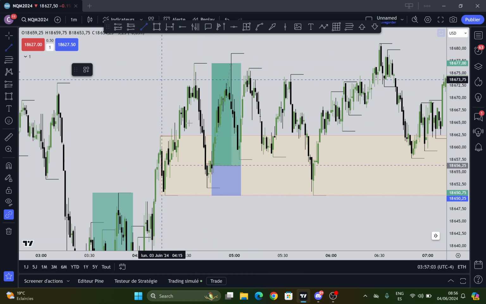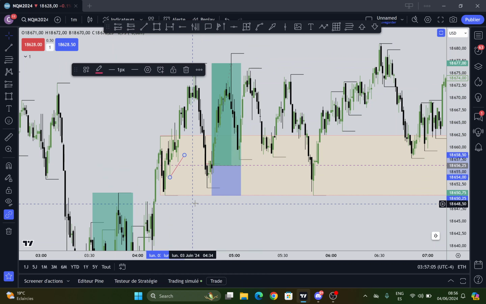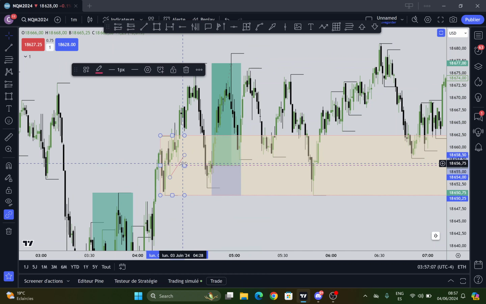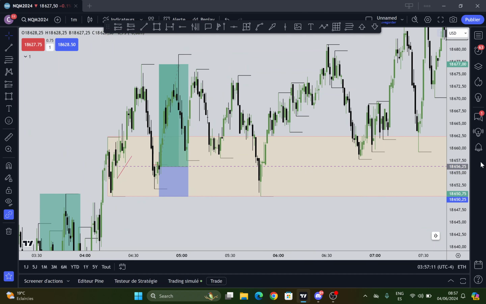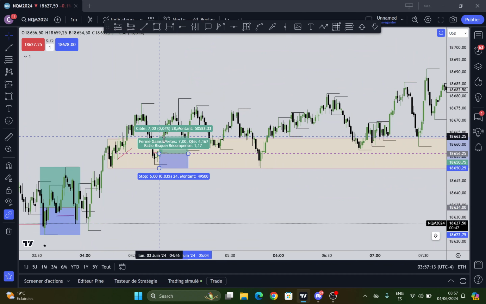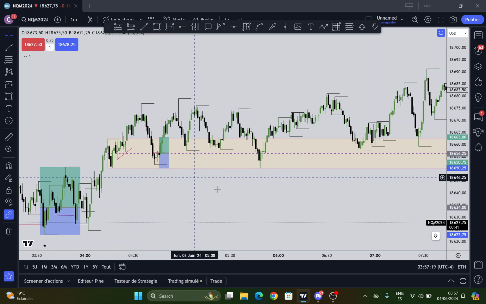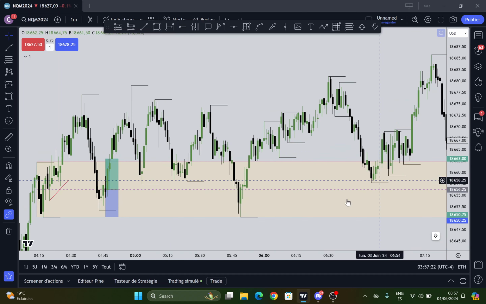We also had this liquidity swept, so this was a perfect setup, right? Or you can at least go for a 1-to-1 as always, 1-to-1 of the zone. Okay, realistic goals.